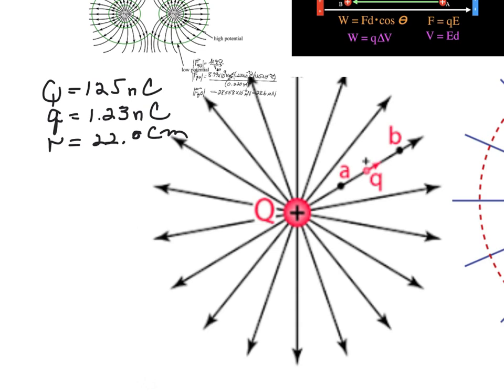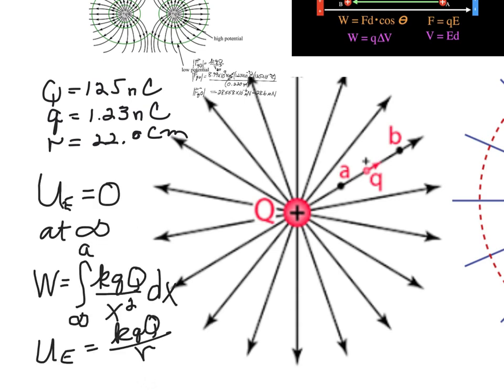So keep in mind, that leads to the convention that the place that we consider the electric potential energy to be 0 for 2-point charges is at infinity.